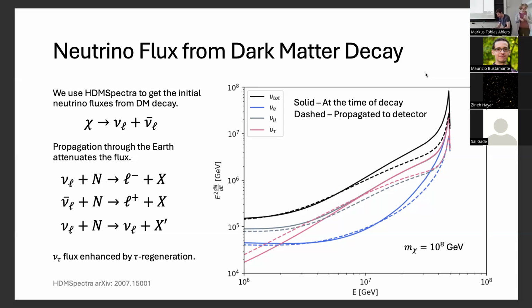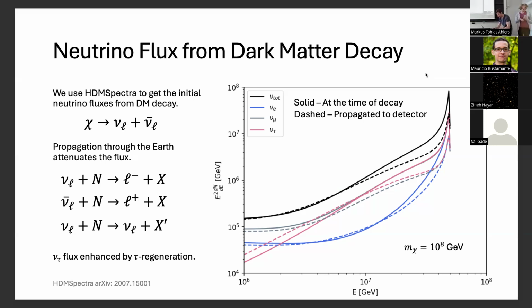What's produced inside the Earth is shown by the solid lines, for all neutrino flux and for the different flavors. We have a peak close to half the dark matter mass, and electroweak corrections mean we also get this trail of lower energy neutrinos when we include them.